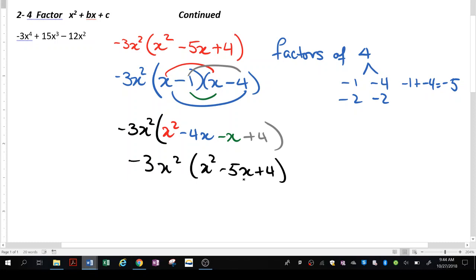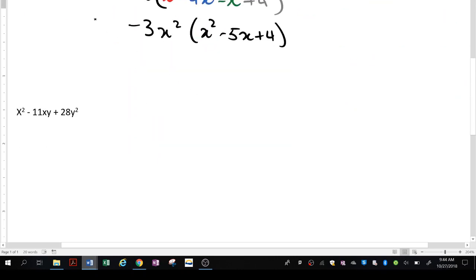And that's our original one. So yes, indeed, those are the two binomial factors of this trinomial. So sometimes you need to factor a common factor out before we can look for binomial factors.